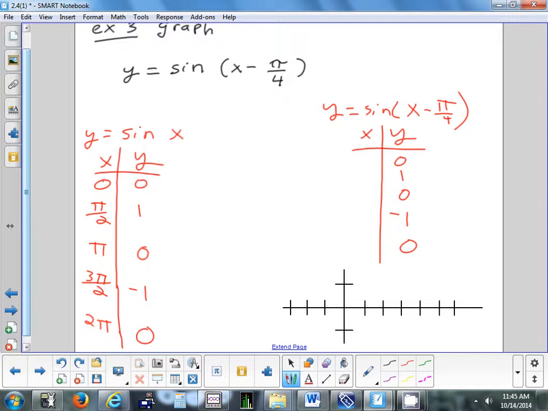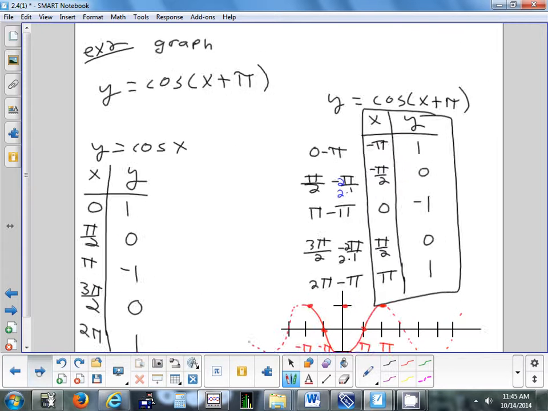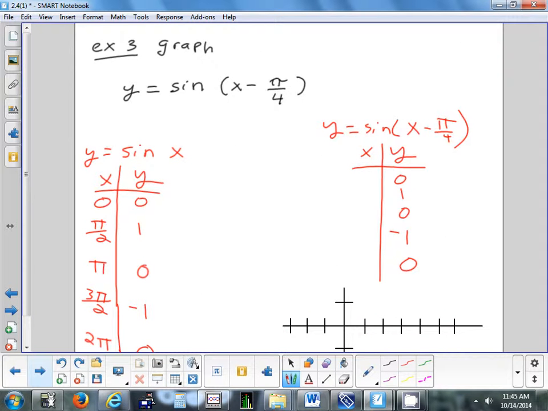Now I need my new x values. Okay, Amy, what am I going to do to all my old x values to get my new ones? So always do the opposite of what you see in the function. So in this case, it's going to be added.